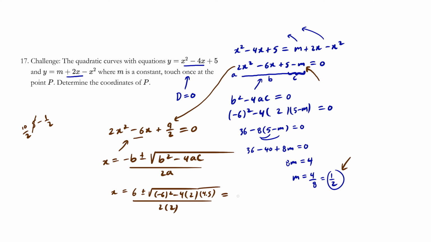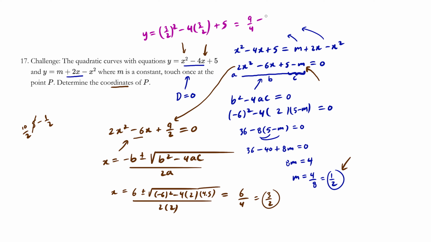You could just plug it into here, for example. So we have y equals something squared minus 4 times something plus 5. And that something is 3 over 2. So this becomes 9 over 4, 4 divided by 2 is just 2, so 2 times 3 is 6.